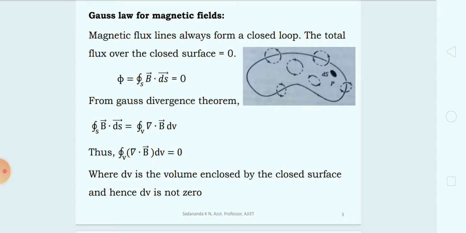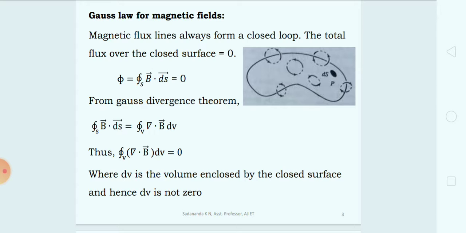Now, total flux phi can be written as phi is equal to the surface integral of vector B dot vector dS, that is equal to 0. That is the mathematical form of the Gauss law for magnetic field. In this expression, vector B dot vector dS is the flux density over the entire surface, so this is a magnetic flux.